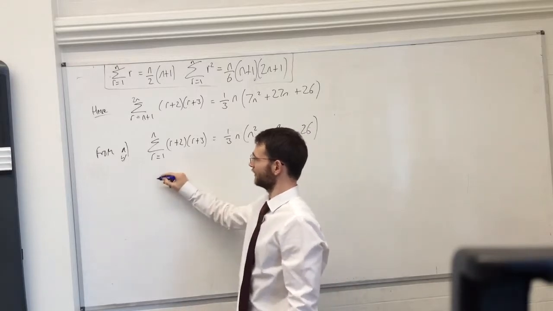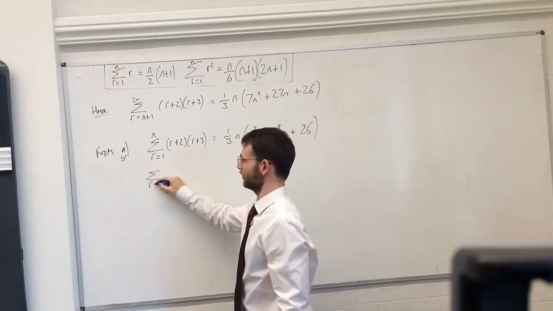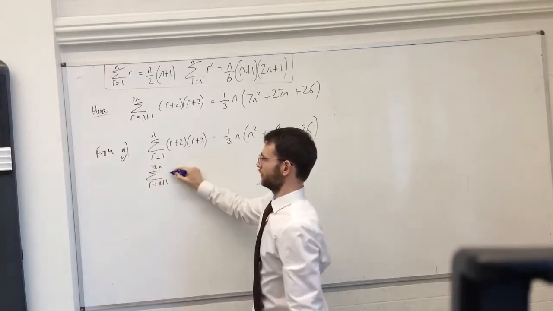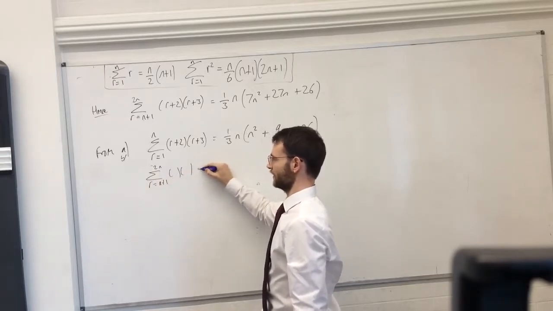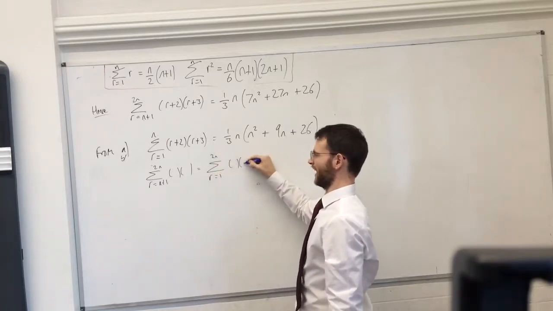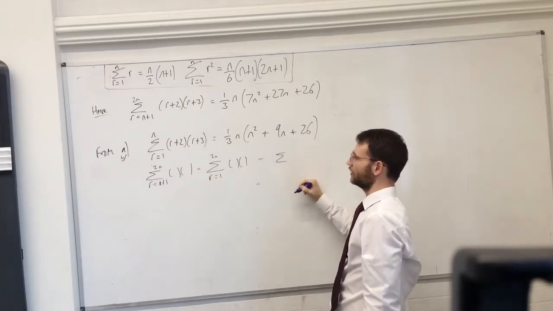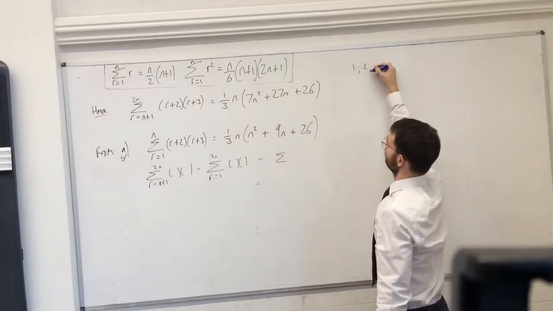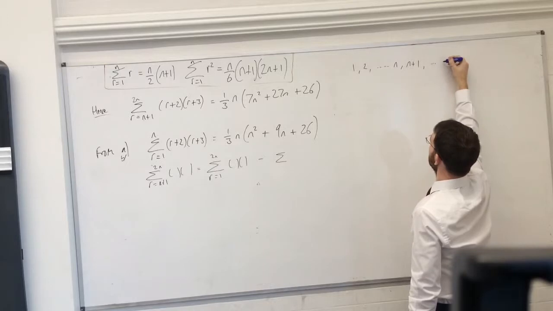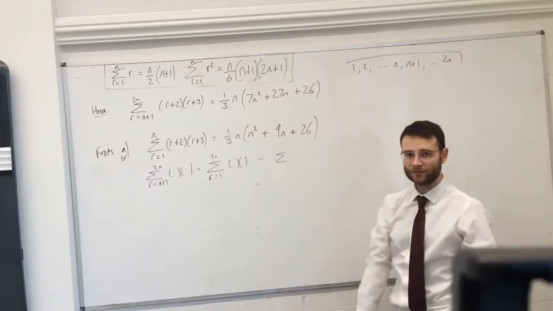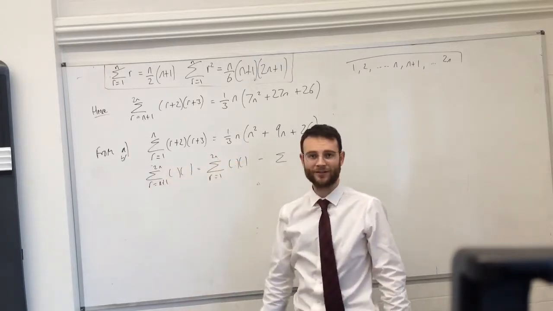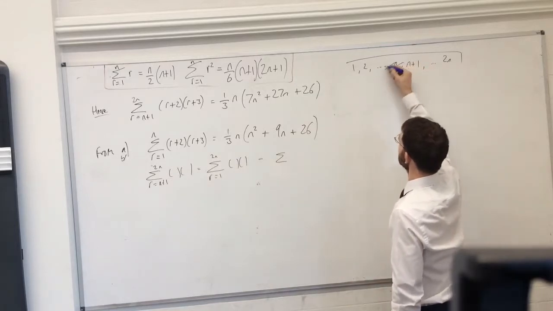Well, I guess the sum from r equals n plus 1 to 2n of this is equal to the sum from 1 up to 2n of that, take away, well, if we're going from 1 all the way up to 2n and adding all of those together, then to get to n plus 1 to 2n, I need to take away all of that stuff.